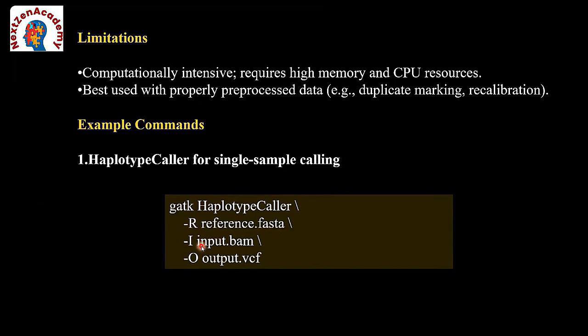In that, we need to give the hyphen R reference FASTA. The input is the BAM file, which has been sorted, recalibrated, and had duplicates marked. After all that, we'll have that one BAM file, right? That BAM file we need to give as input. At the end, we'll get the output in the VCF format.